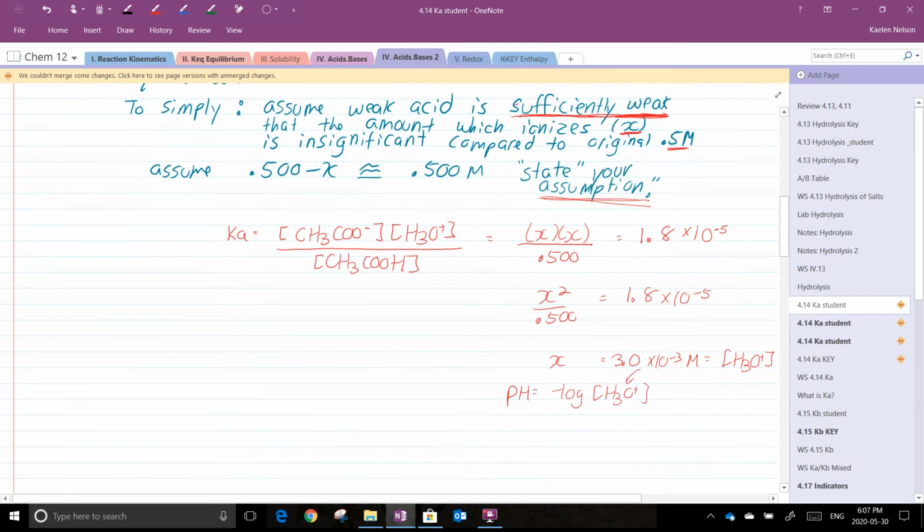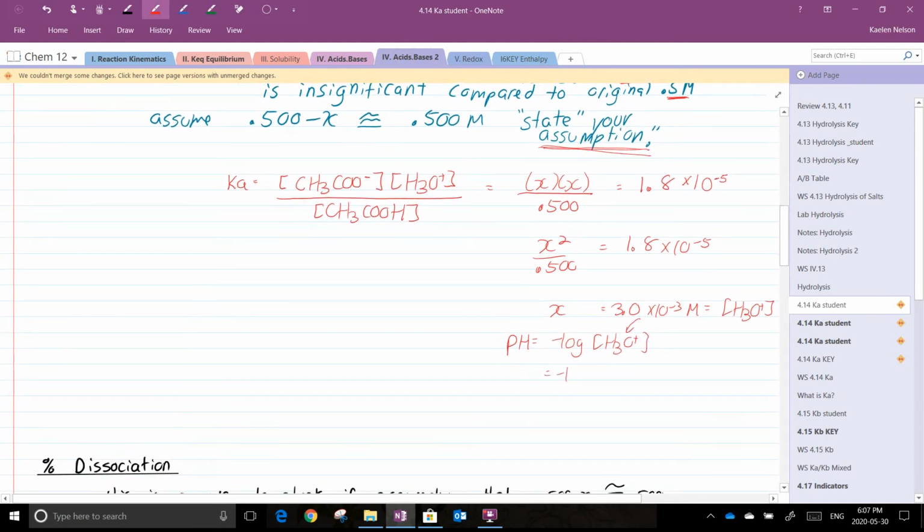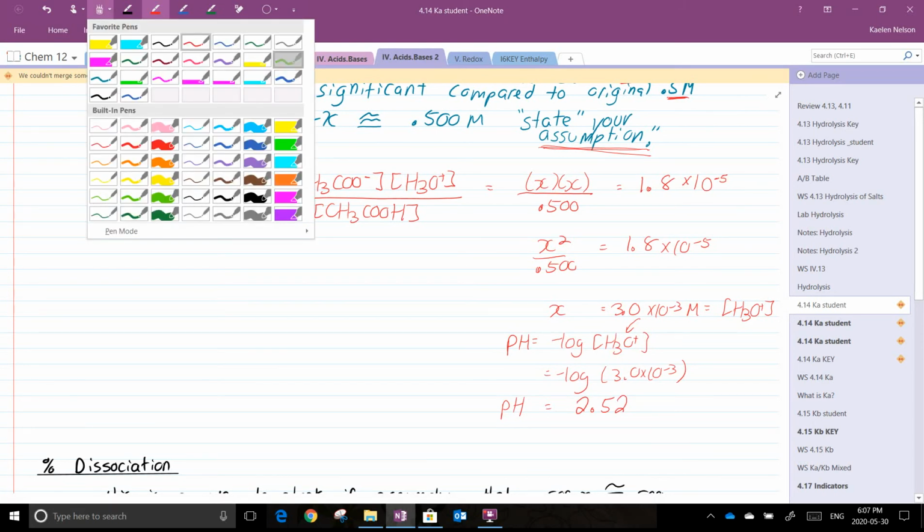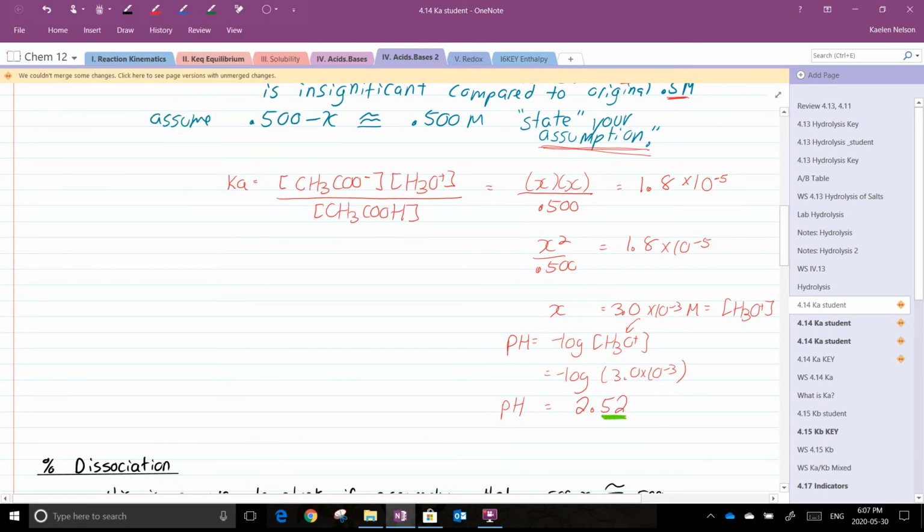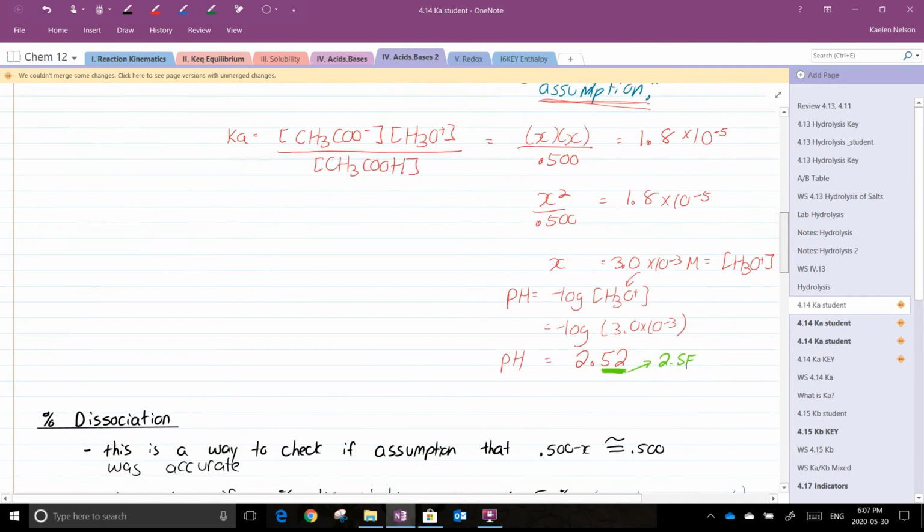Put that in your calculator: negative log 3.0 times 10 to the minus 3. Take a moment to do that. If you've solved that correctly, you should come out to a pH of 2.52. And a quick talk on sig figs, because they are different with pH. These two after the decimal are your 2 significant figures. We're not counting the figure before the decimal in pH.